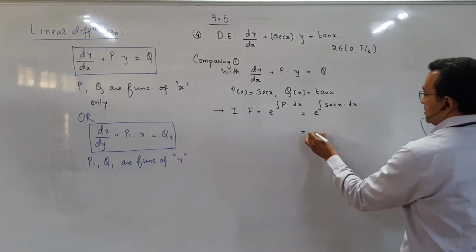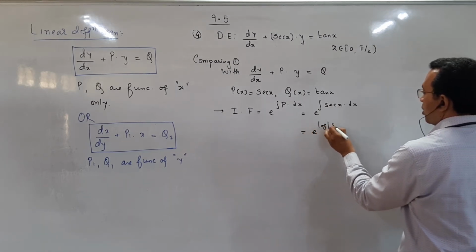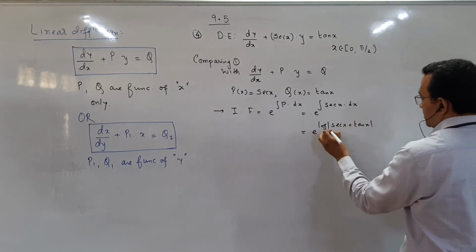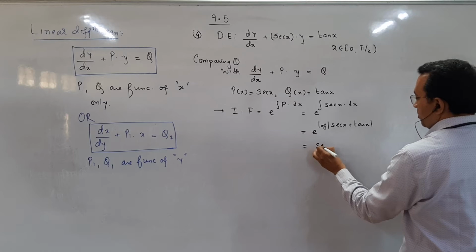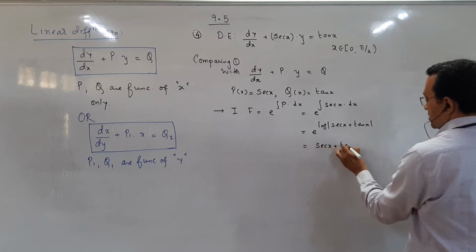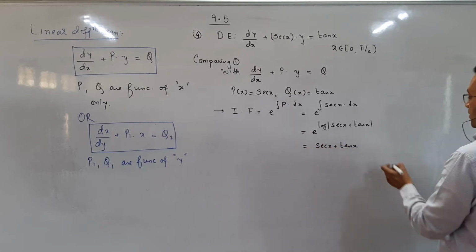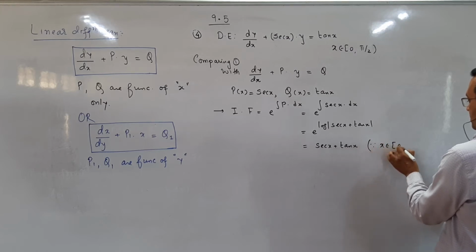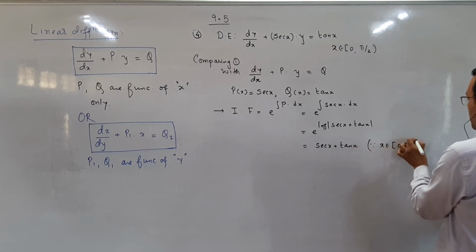Integration of sec x is log mod sec x plus tan x. So this will be mod sec x plus tan x, but since it is in the first quadrant, we can say that this value will be positive.